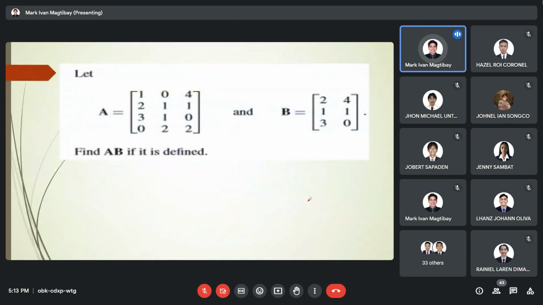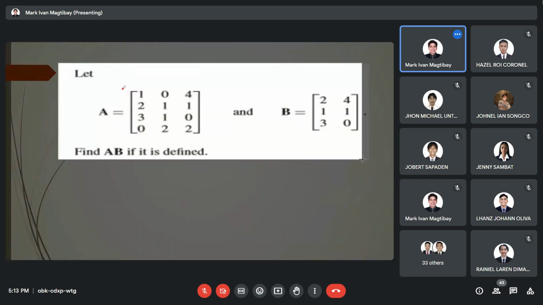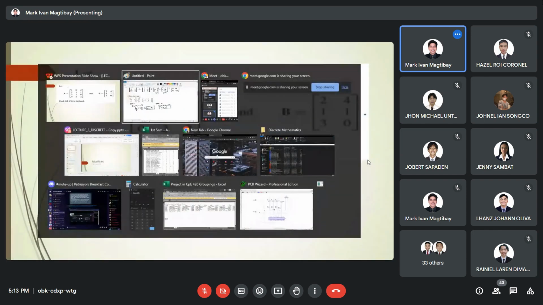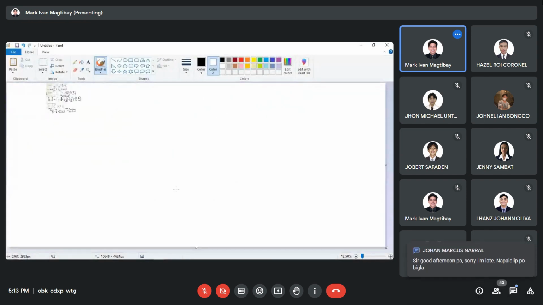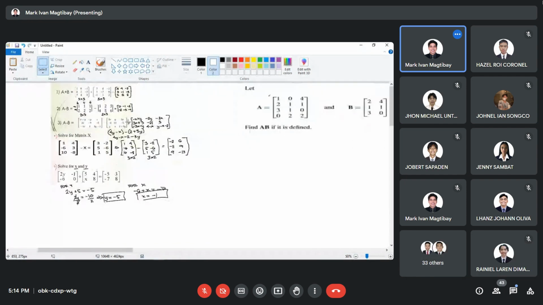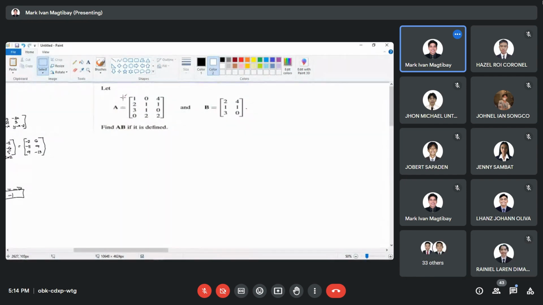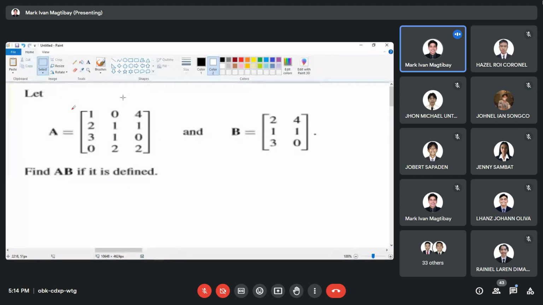So let's say for example, let A daw po be this size of matrix and let B this size of matrix po natin. Sige po, pagtabihin natin. A times B daw po natin.